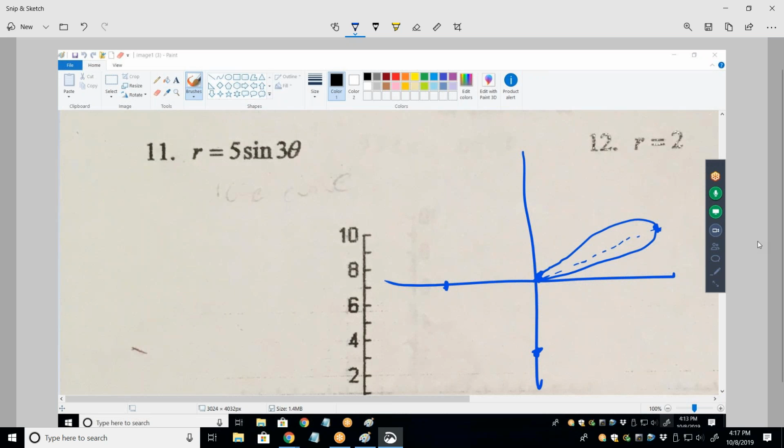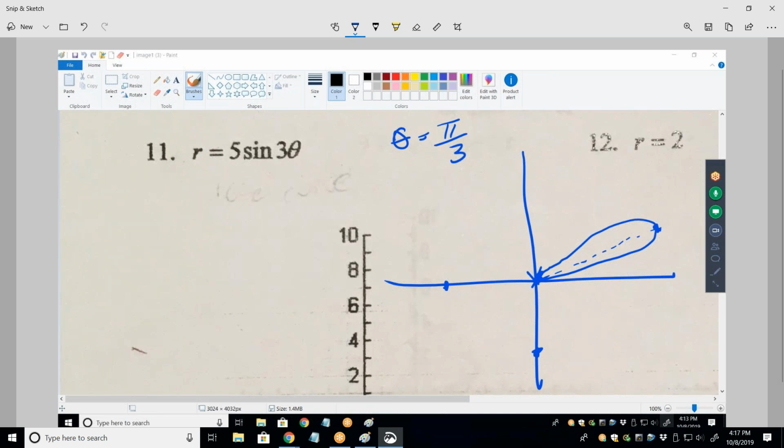So let's see. This point is going to be when that angle is pi, which means it has to be pi over 3. So when theta equals pi over 3, we're at 0. That's that second point.